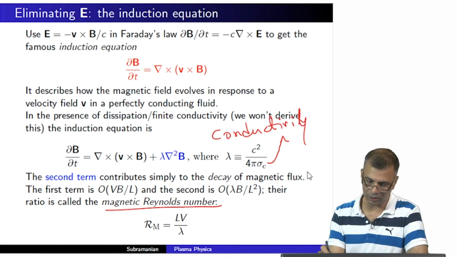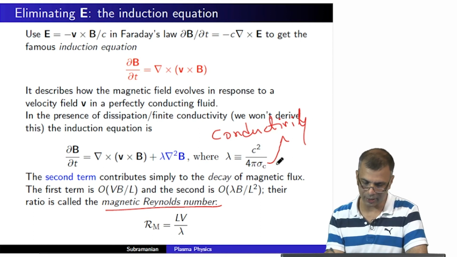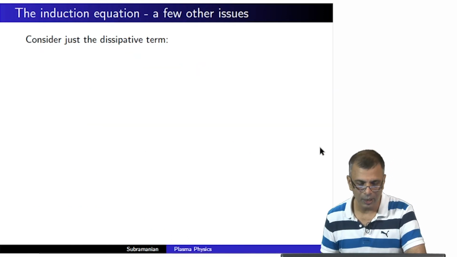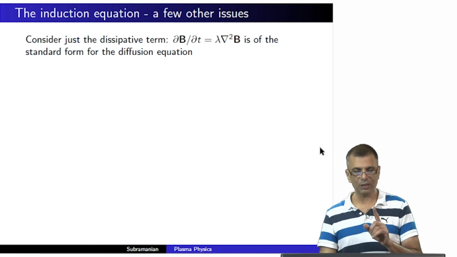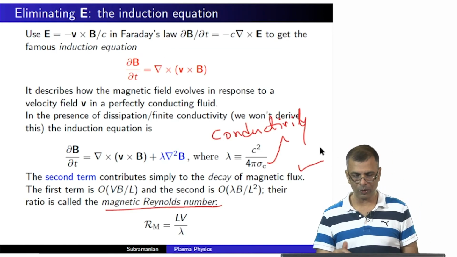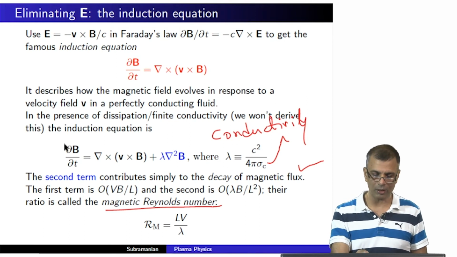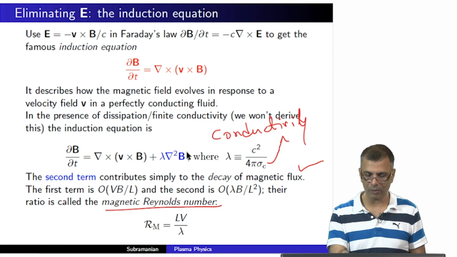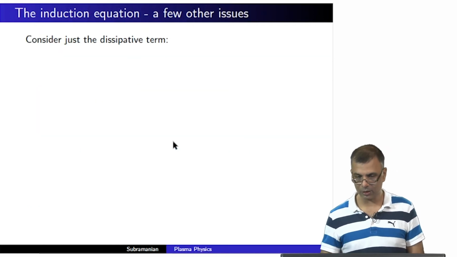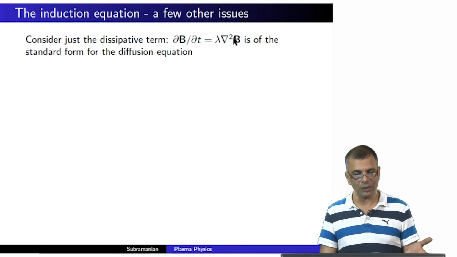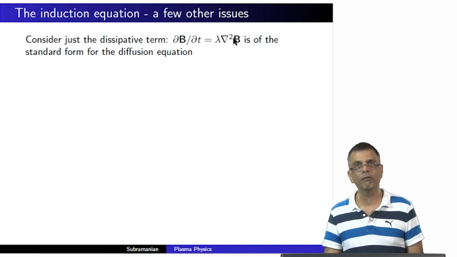We made this comment here saying that the second term contributes to the decay of magnetic flux. Let us justify this. Consider, for instance, just the dissipative term. In other words, we will not bother about the other term, we will only bother about an equation that has this term, which is like this: dB dt equals lambda del square B. This is a standard form for the diffusion equation.